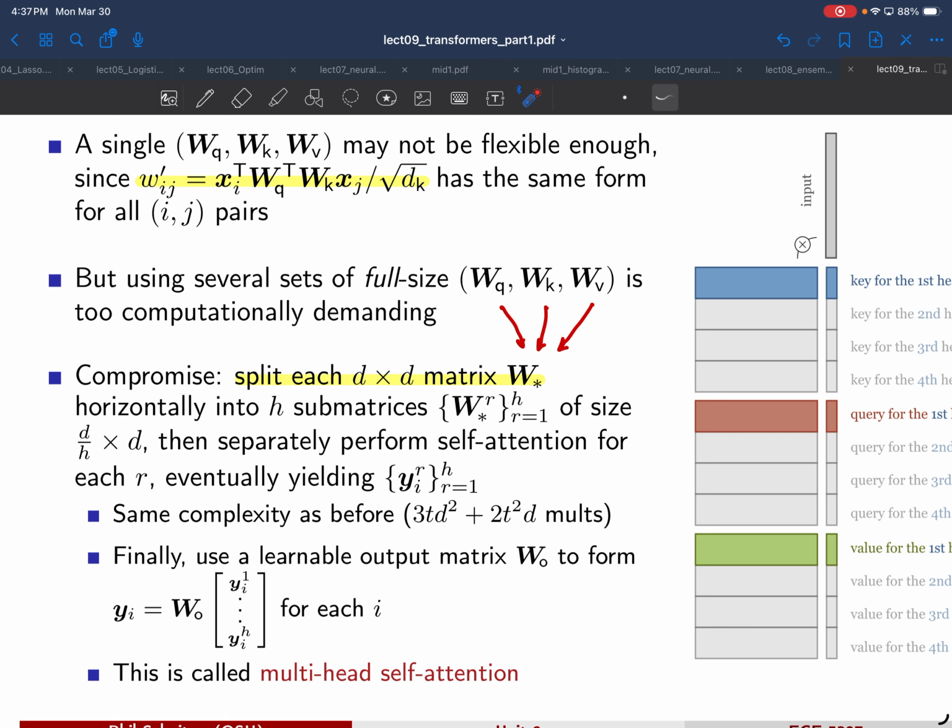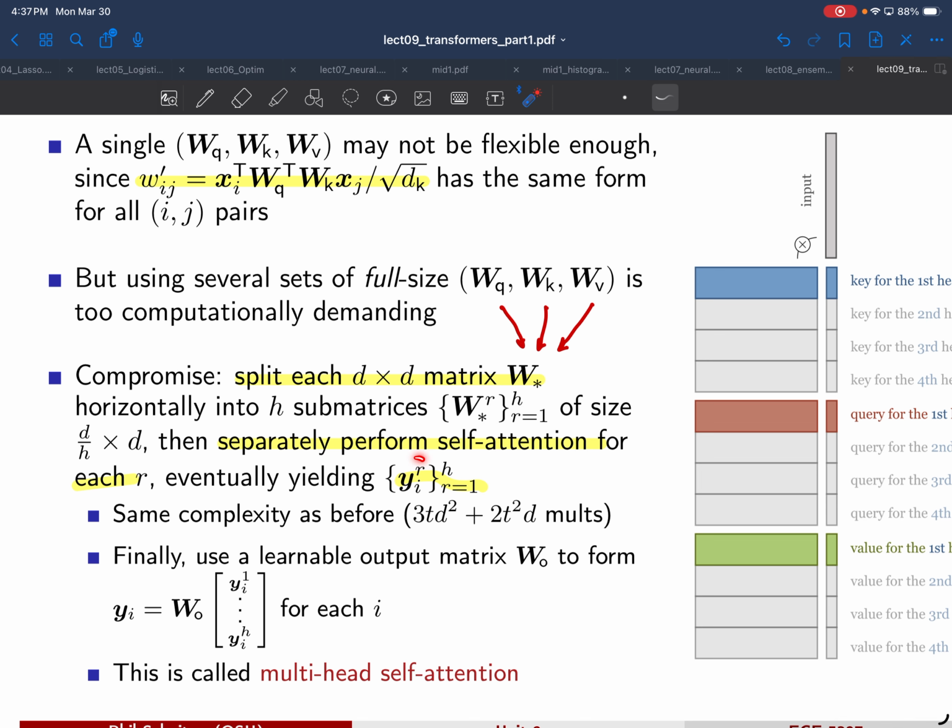And then what you'll do is separately perform self-attention for each one of these R's. These are called heads. And so as a result, through the self-attention mechanism, you will get H different output sequences yi. And R here is not the power, it's just denoting which one. This is like R equals 1, 2, 3, 4, which of those you're working on.